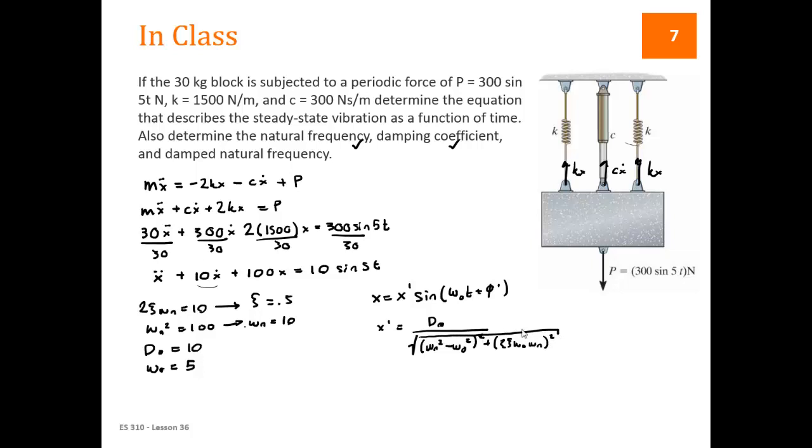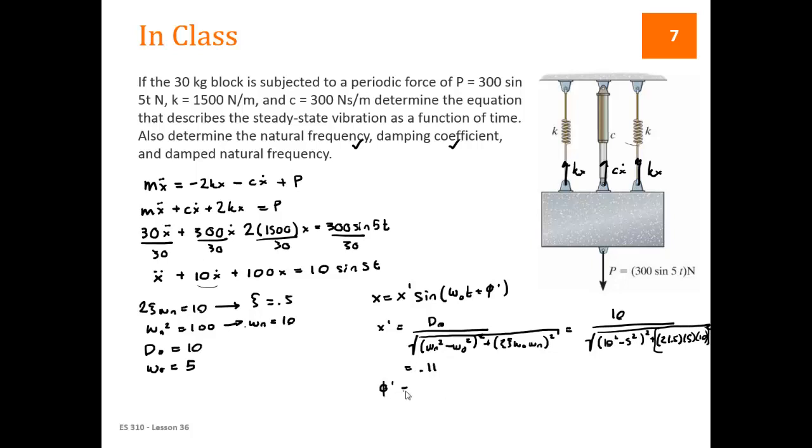It's under the square root. Plug in the numbers, we get 10 divided by square root of 10 squared minus 5 squared plus 2 times 0.5 times 5 times 10, all of that squared. Plug that into your calculator, we get x prime is equal to 0.11.